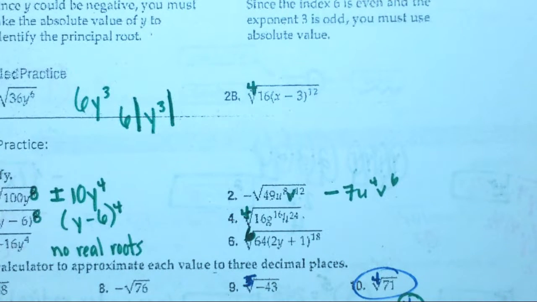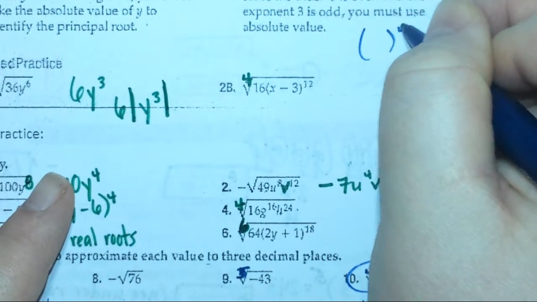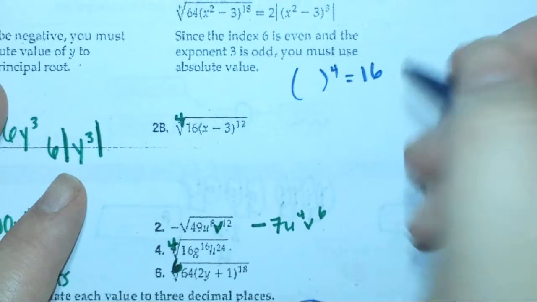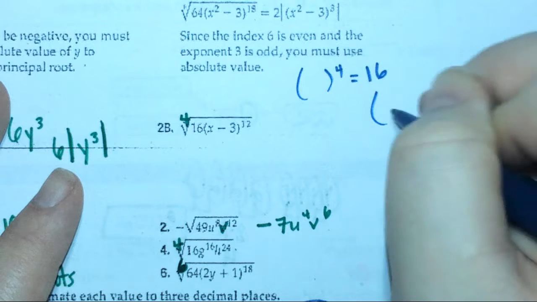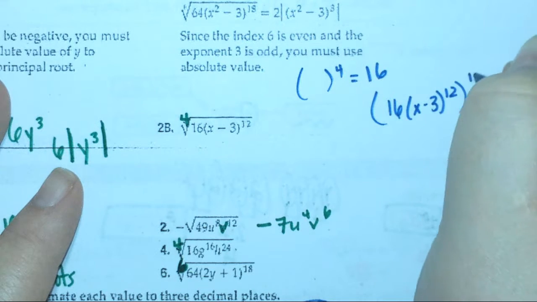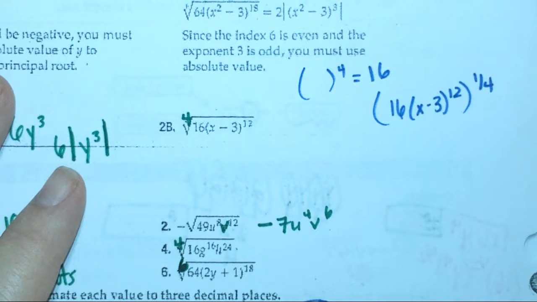So again, I'm thinking through in my head, 16 is what to the 4th power? Like something raised to the 4th power gave me 16. That's how I think it through in my head. Or again, if I'm stuck, I always think through the whole thing. So 16, x minus 3 to the 12, raised to the 1/4 power. Whatever that index is, I'm raising to the 1 over that.